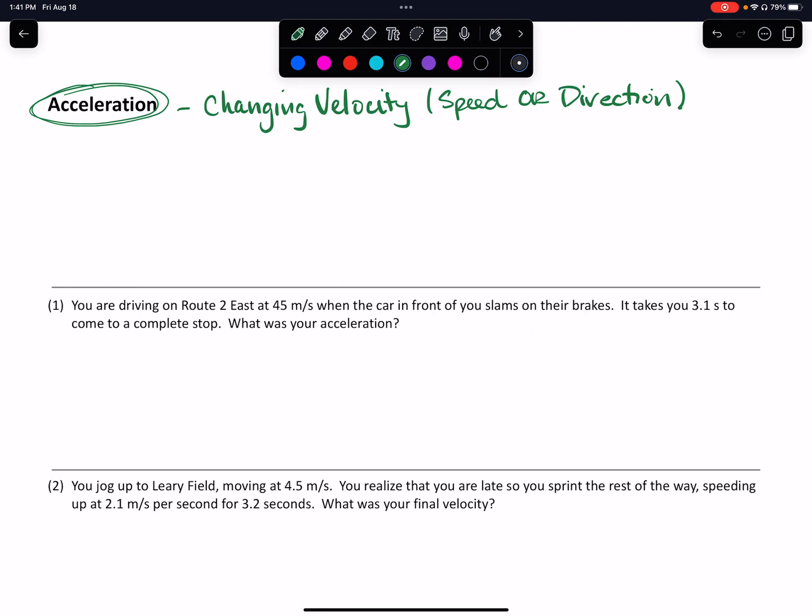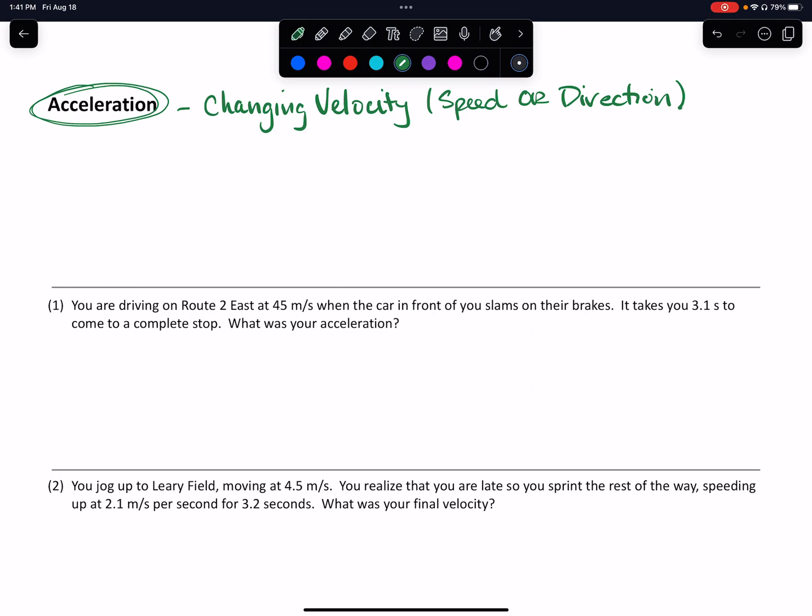You can press on the gas pedal, that's going to increase your speed, thereby changing your velocity. Or you can step on the brake, which will decrease your speed, thereby changing your velocity. Or you can turn the steering wheel, which will adjust the direction of travel, which will also change your velocity. If any of those three things happens, then we say that that car is accelerating.